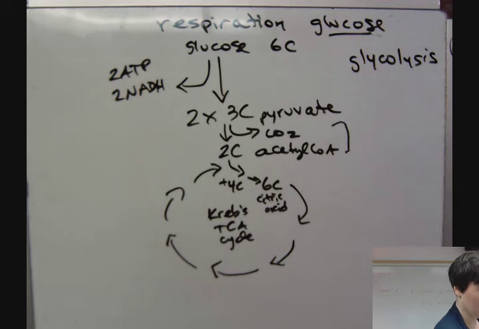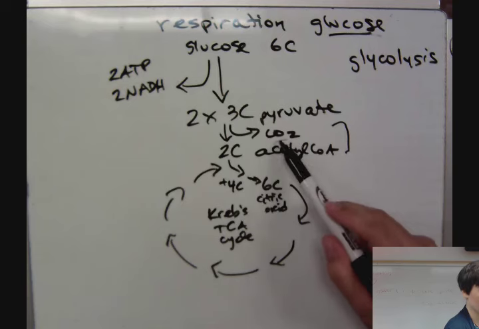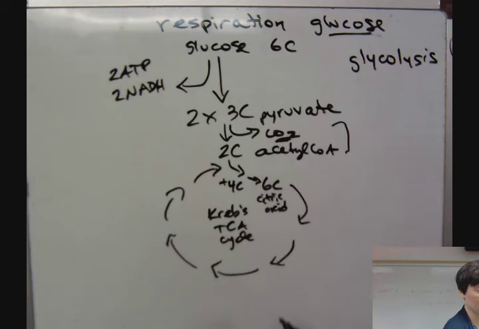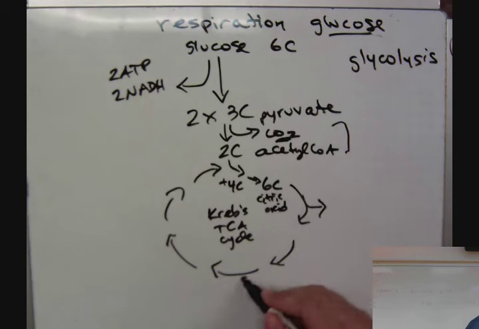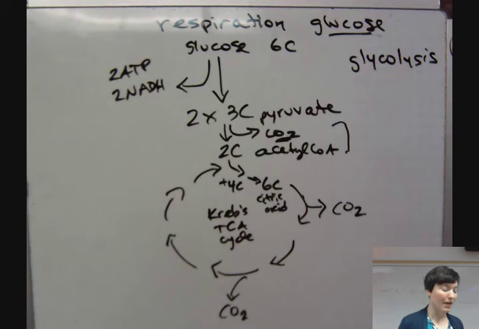Think about this step. How did we get rid of one of our carbons from pyruvate? How do we get from pyruvate to acetyl-CoA? What is this? We're taking carbon off and releasing it as carbon dioxide. So a couple of times in the cycle, that's what happens, right? We strip off one of the carbons, releasing carbon dioxide. Now, the high energy electrons in the bond that we just chopped, where did they go?